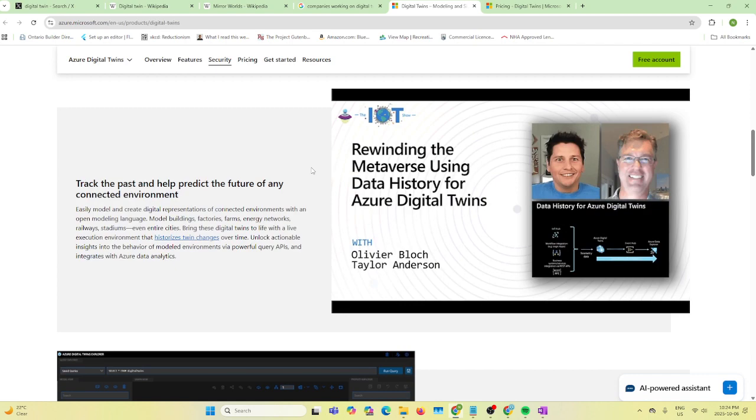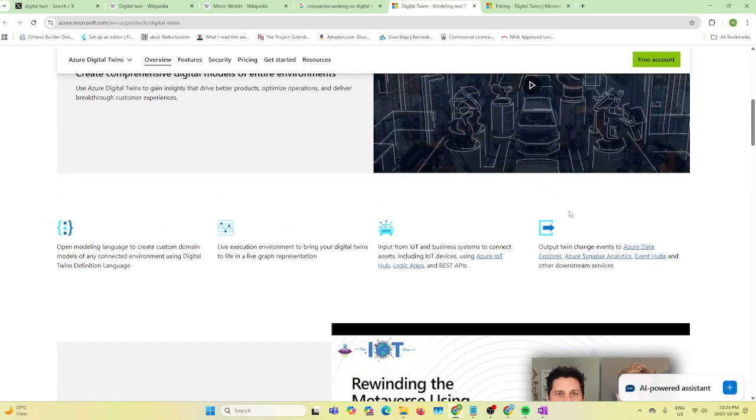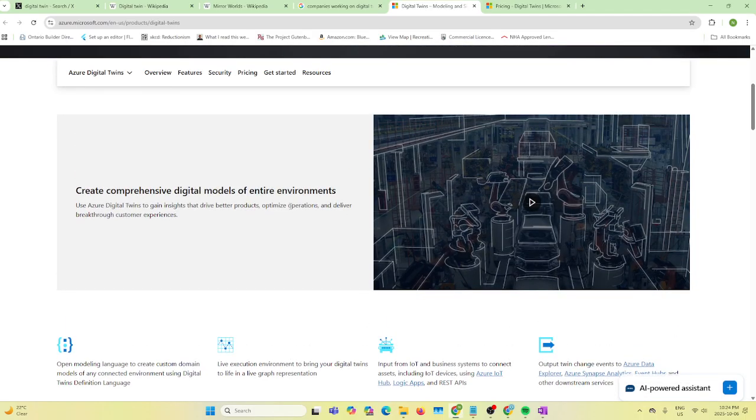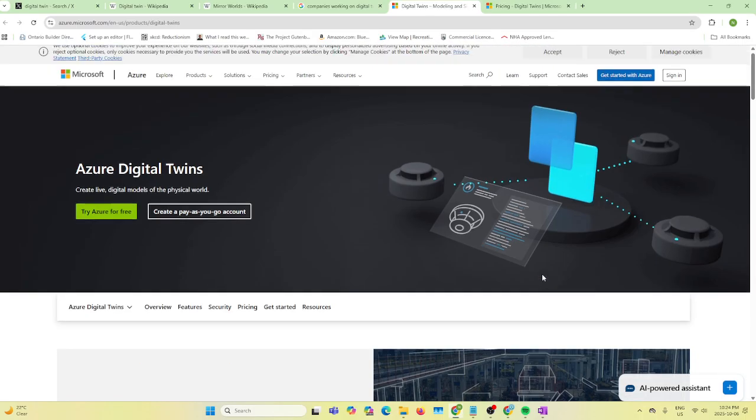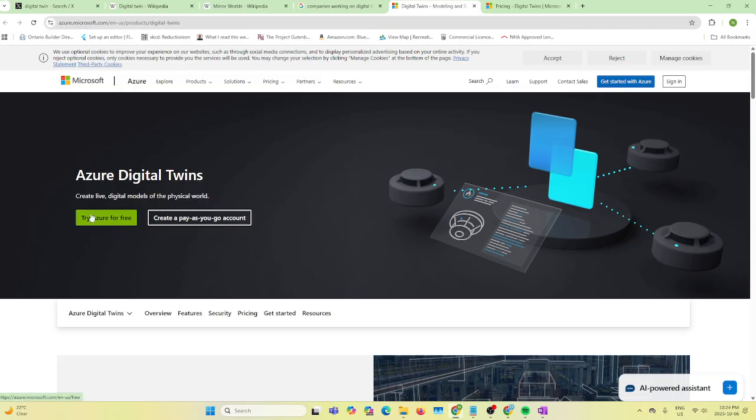Okay. Rewinding the metaverse using data history for Azure Digital Twins. Alright, I gotta talk to those guys. They're the experts. Okay, can I play this video? Probably not, but... Create live digital models of the physical world. Yes.